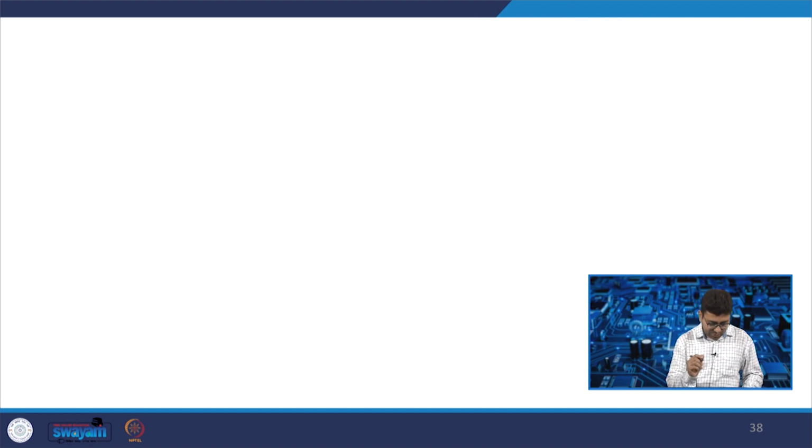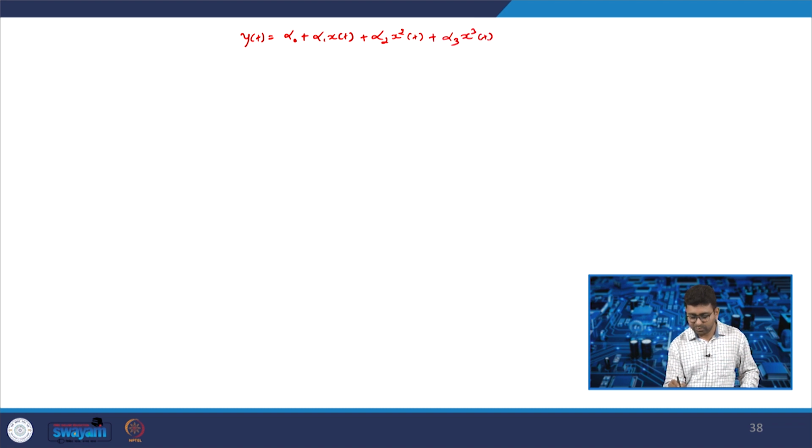So I will just write it down: y(t) is a function of alpha 0 plus alpha 1 x(t) plus alpha 2 x squared(t) plus alpha 3 x cubed(t), and it goes on.